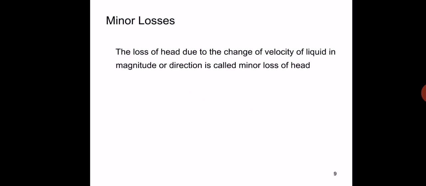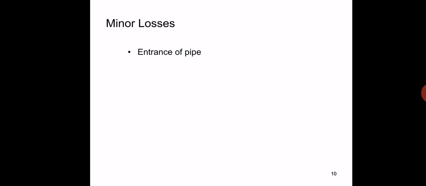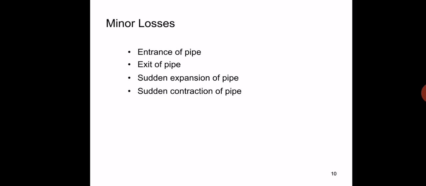So for minor losses, we may observe different types. Those are due to the entrance of a pipe or exit of a pipe, sudden expansion of a pipe and sudden contraction of a pipe, bend in a pipe, pipe fittings and obstruction in a pipe.